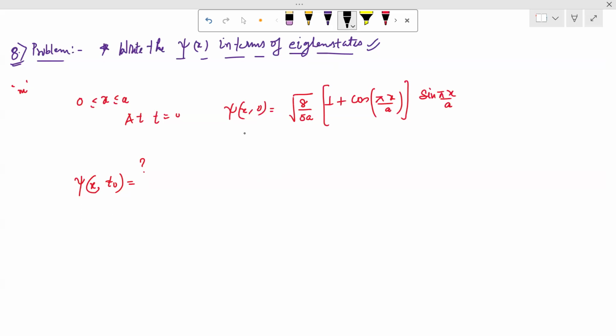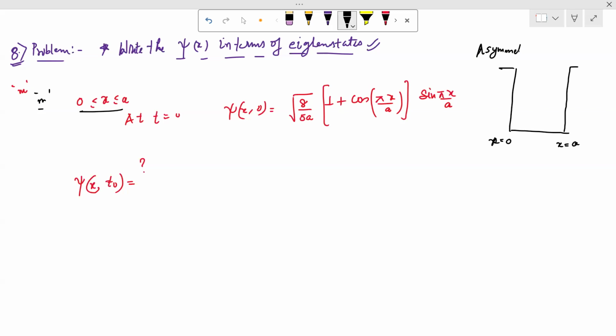Particle of mass m is confined in this region, and at time t equal to 0 the wave function is given by this. So basically this is the problem. The particle is confined between x equal to 0 to a. So clearly this is a problem of an asymmetric well.